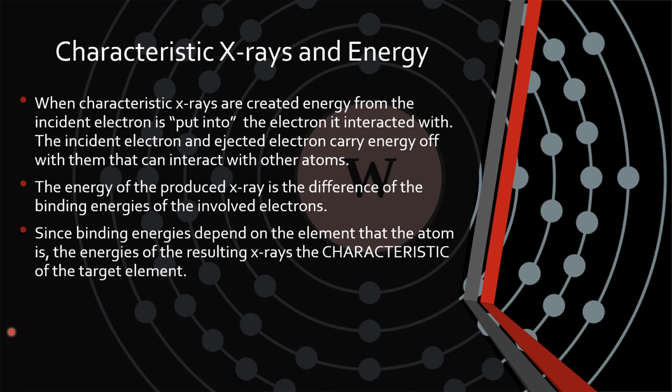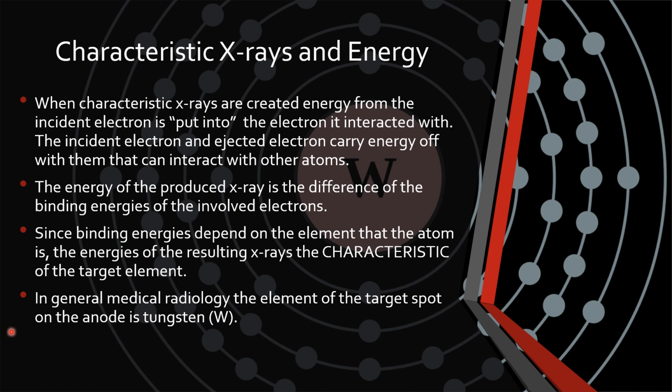Since binding energies depend on the element the atom is, the energies of the resulting X-rays are characteristic of the target element. In general medical radiology, the element of the target spot on the anode is tungsten, and we can see tungsten, symbol W, right behind us.